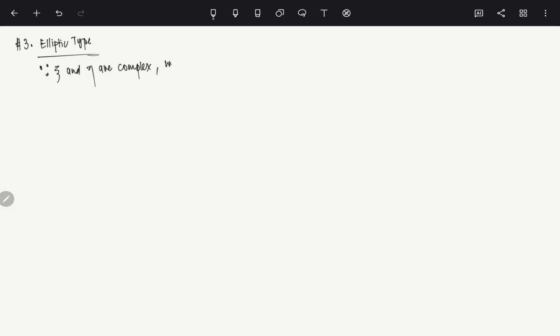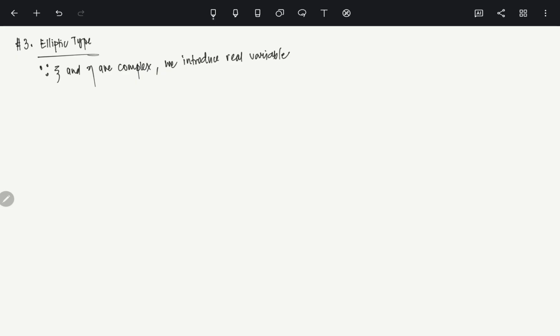we introduce real variables. The whole point is this: we want to find xi and eta in such a way that they are real variables. How do you find something like this?